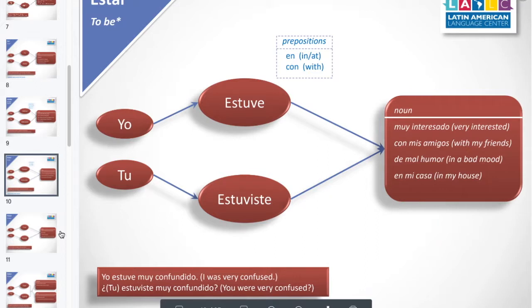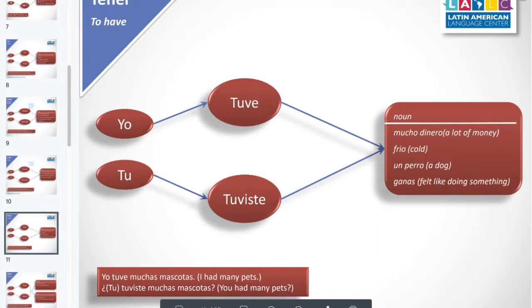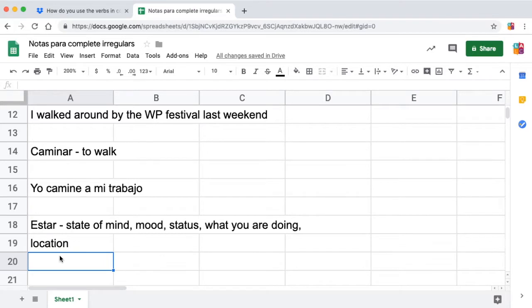So then the next one in context is tener, which is to have. You see, it's the UV2. It's very important. This is very similar to English, except maybe tener frío, like tuve frío, I was cold. We say I had cold. Or also remember tener hambre.